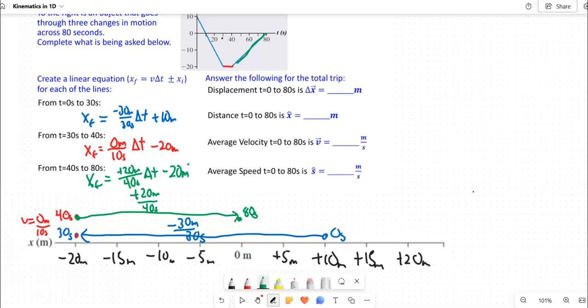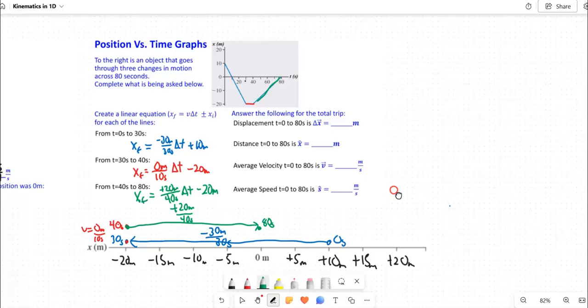Okay, so that's how you kind of tell a story with position versus time graphs. You could tell a continuous story. You'll also notice that this red line is not a y-intercept. If you start here at positive 10 and you end here, this should be your new initial position.